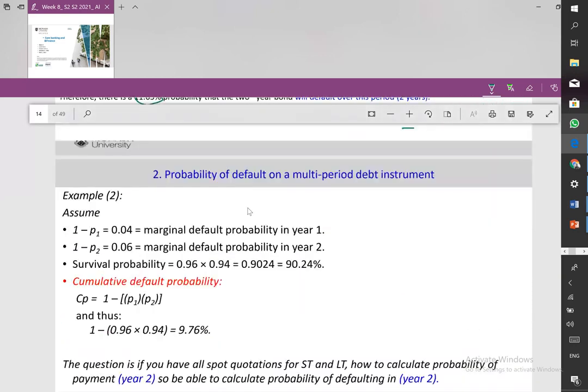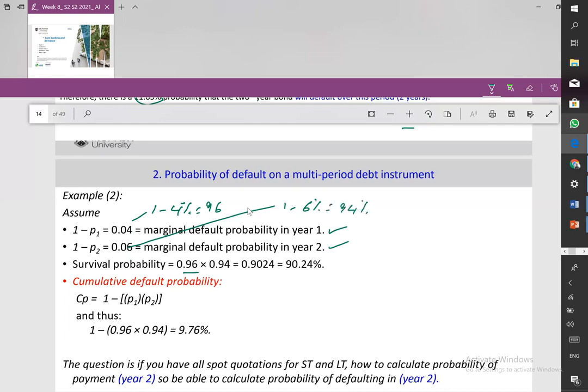Now, let's take another example. If the probability of defaulting for year 1 is 4%, and the probability of defaulting for year 2 is 2%, and I tell you to calculate for me the survival probability, which is the probability of payment over the 2 years, you will say it's 96%, which is 100% minus the 4%, and then 1 minus the 6%, which is 94%.